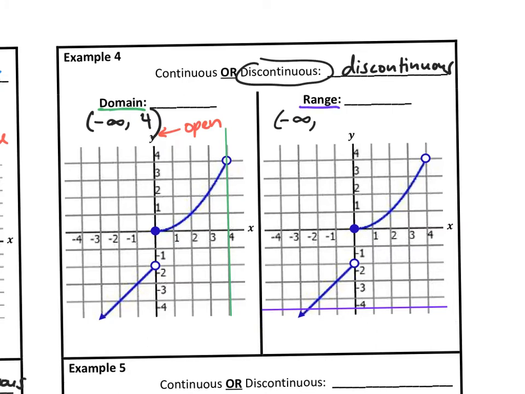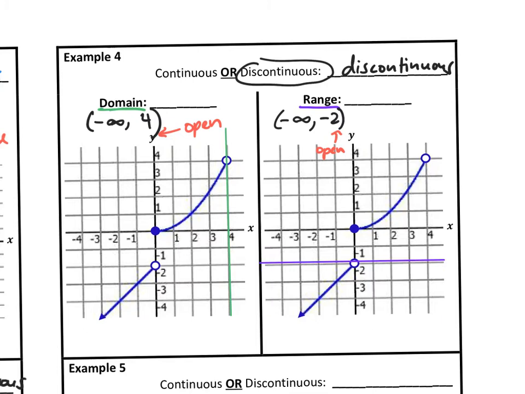And then negative infinity, I'm hitting the graph, hitting the graph, hitting the graph, hitting the graph. Whoa, there's an opening where I'm not hitting the graph anymore. Where does that opening occur? It looks like at -2. So -2 with a parentheses. And again, I put parentheses because it's open.